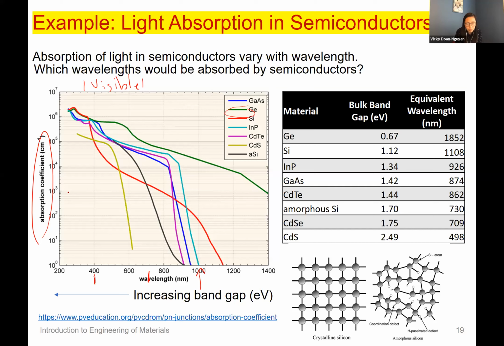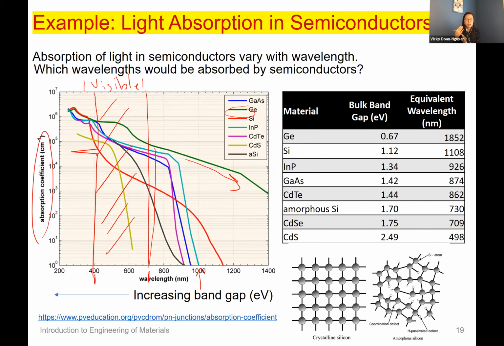Most of it won't be absorbed because the absorption coefficient decreases quite a bit, by 2 orders of magnitude, versus what's in the visible region right here. So let me draw a much better straight line. In this region, it's highly absorptive. So if you have a wavelength that is longer, so the energy of that photon is lower, it's not likely to be absorbed.